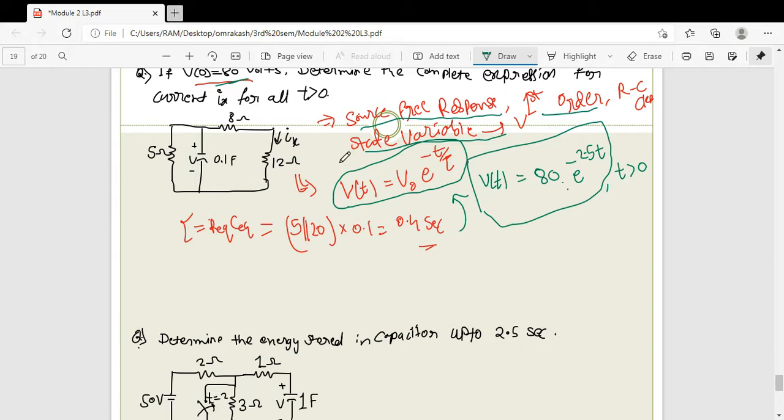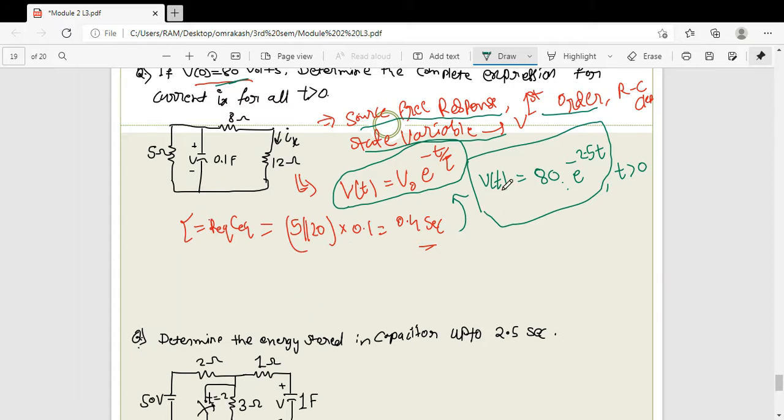But the same process becomes difficult when we go to higher order circuits, meaning second order or non-canonical circuits. That's why Laplace transform is best there. But for this type of circuit, time domain analysis is the best. So depending upon your requirement, use the method which is convenient to you.